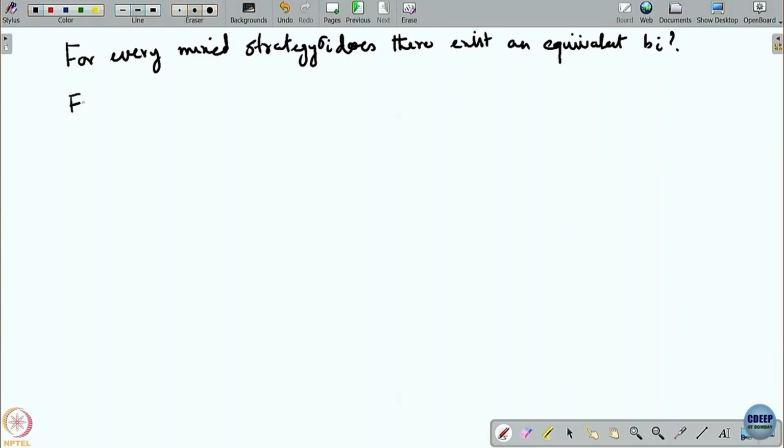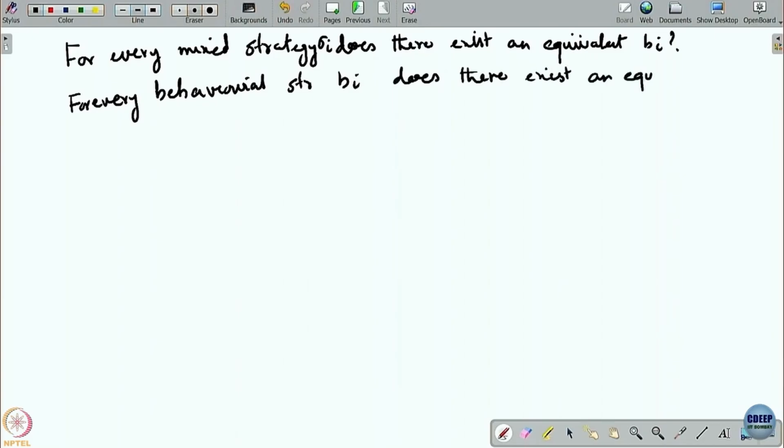And likewise, for every behavioral strategy BI, does there exist an equivalent mixed strategy sigma I?